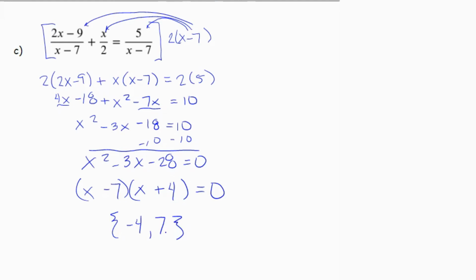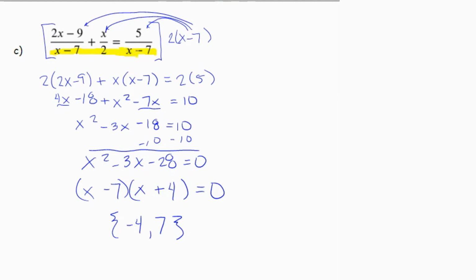Well, we need to think about extraneous solutions. And so if we go up to our original problem, and without plugging both values in, let's just think for a minute. What are the excluded values from our denominators? Okay, so here we have an x minus 7.